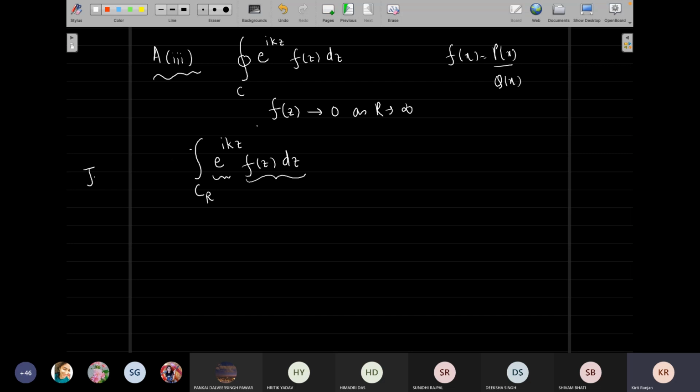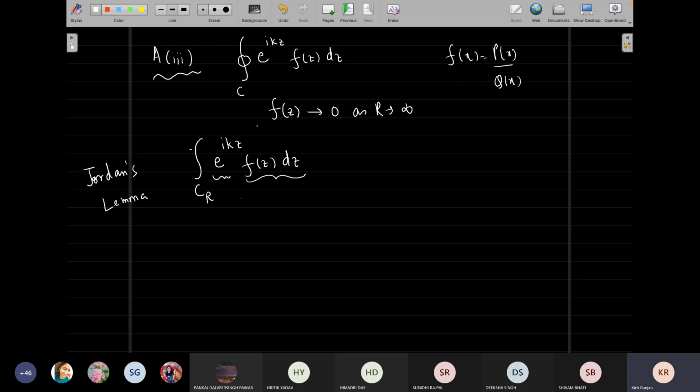And this is the portion which comes as what is called Jordan's lemma. Now what is Jordan's lemma? That I do not need p(x) over q(x) with q(x) degree at least greater than or equal to 2.